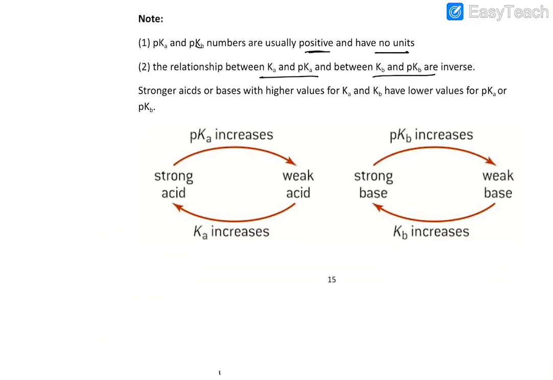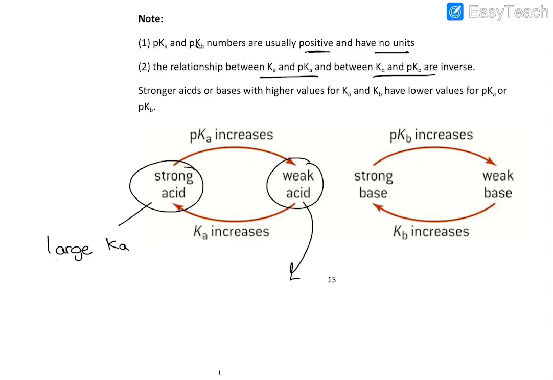So a strong acid is going to have a large Ka value, and a weak acid will have a small Ka value. But a weak acid will have a larger pKa value, and a strong acid will have a small pKa value.